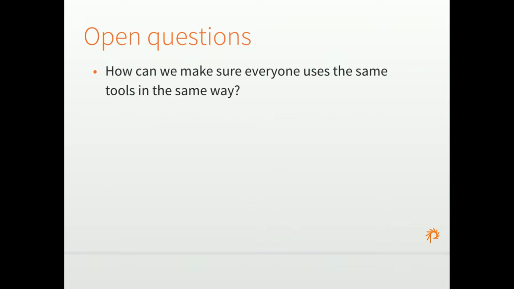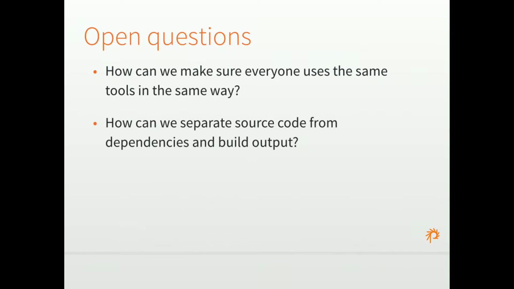Does everyone need to know how to run each of these tools individually? Also, none of these tools necessarily address how do you separate your custom source code from dependencies. I think this is still not addressed by the tools themselves.